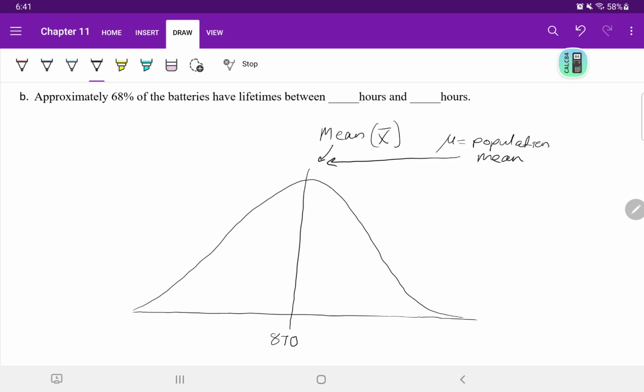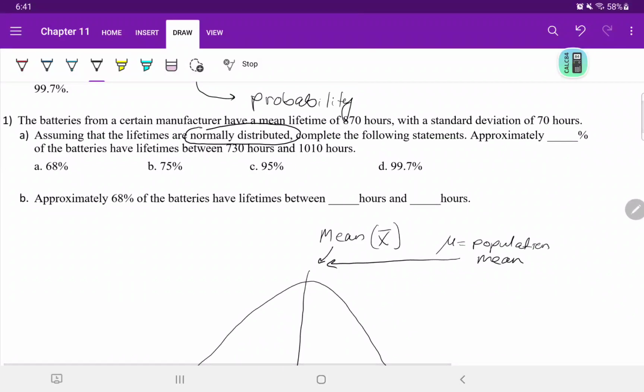Now, we're also given, let's scroll up, standard deviation of 70 hours. To reiterate, the standard deviation is the average distance between each data value and the mean.